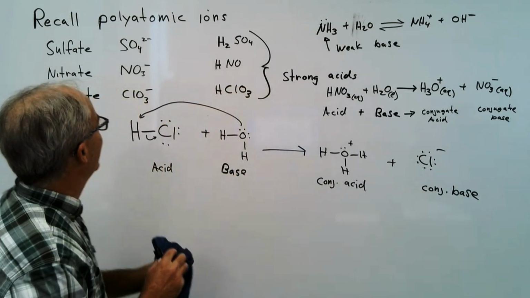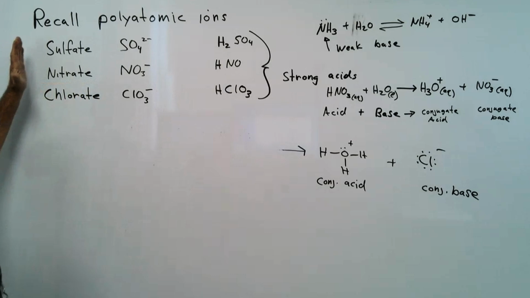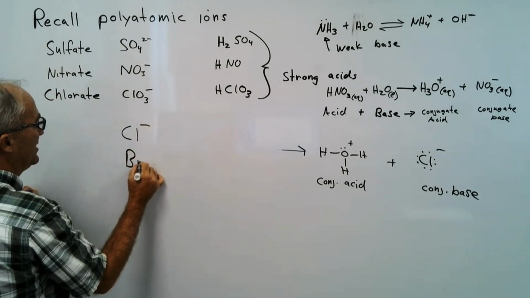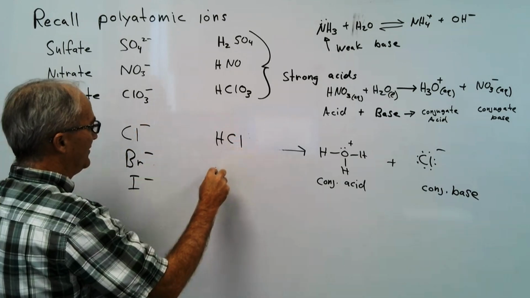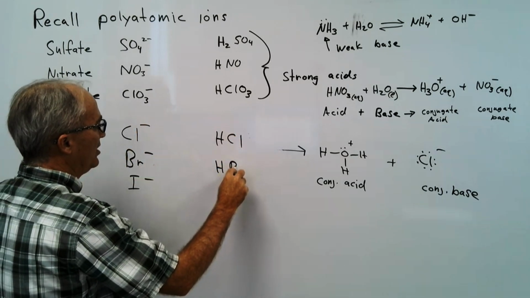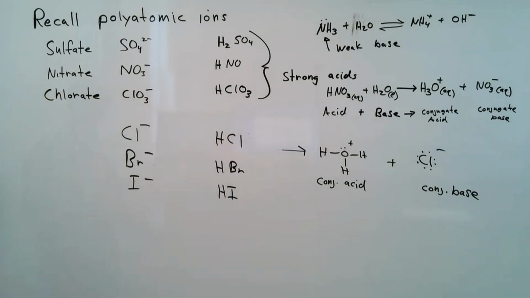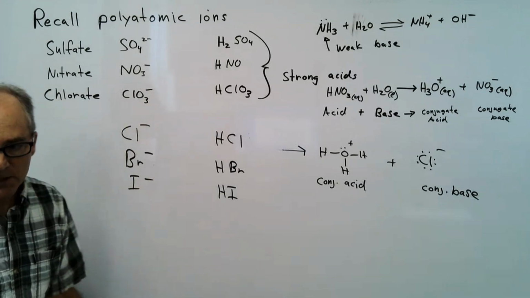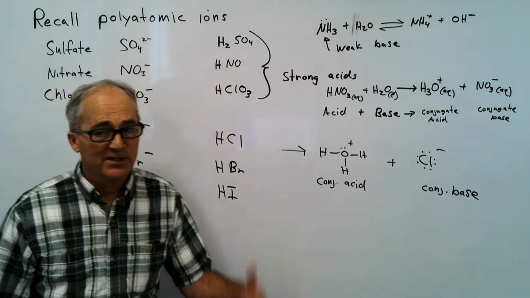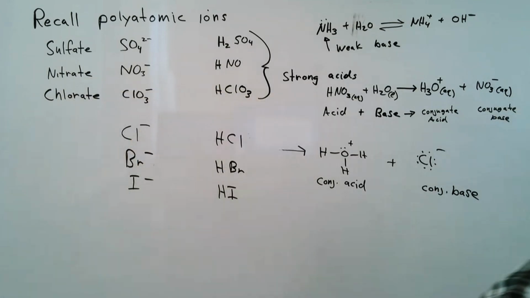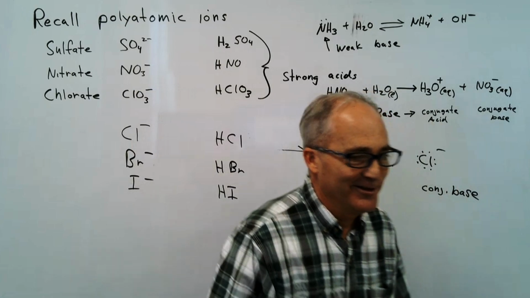So the reason I put these up here, if you memorize these, they all form strong acids. These aren't polyatomic ions, but these all form strong acids as well. Towards the end of this chapter, we'll look at structure. I used to have 7, I'm missing 1. But if you know these 6 as strong acids, and it's not on this list, it's probably a weak acid. So that's your knowledge nugget to help you.